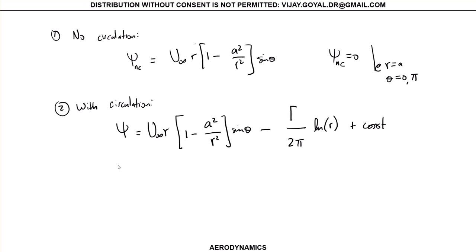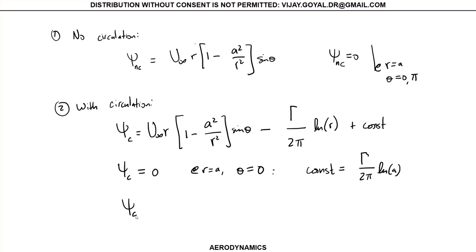The constant is found by the fact that this has to be 0 at r equal to a and at theta equal to 0. So when you plug in those values, you immediately find that your constant is equal to minus gamma over 2 pi natural log of a.